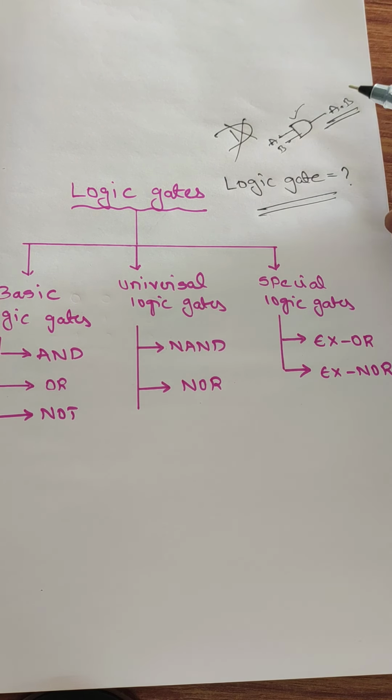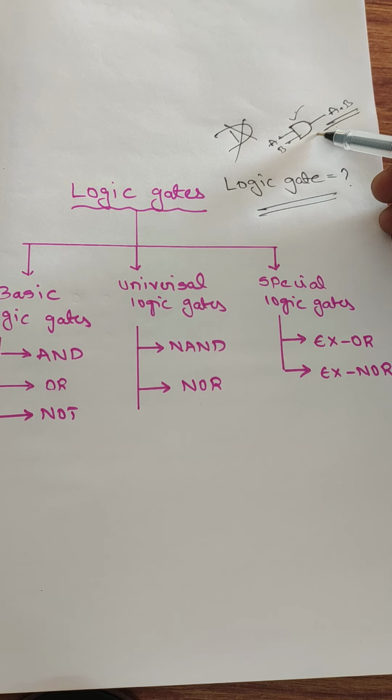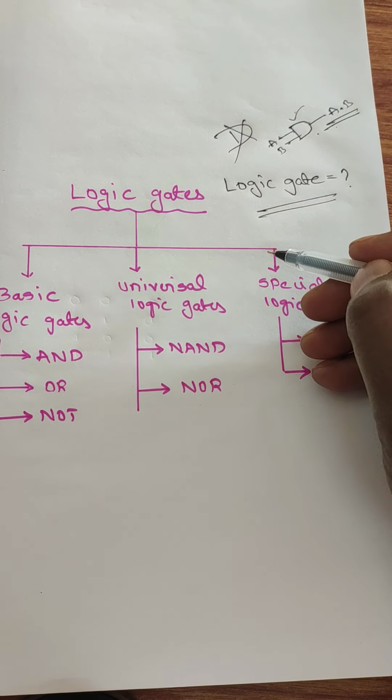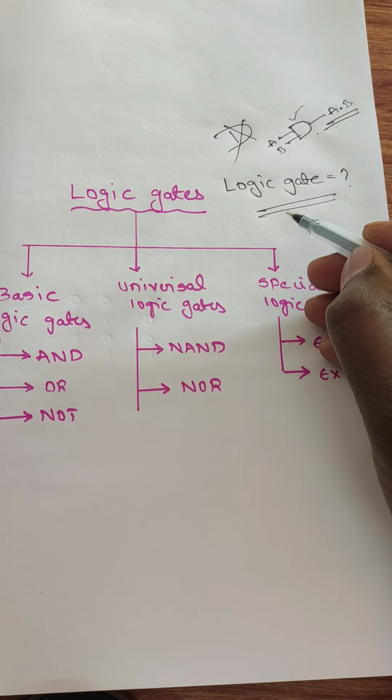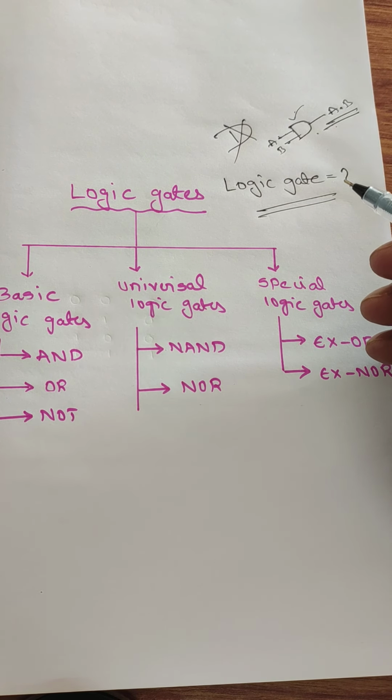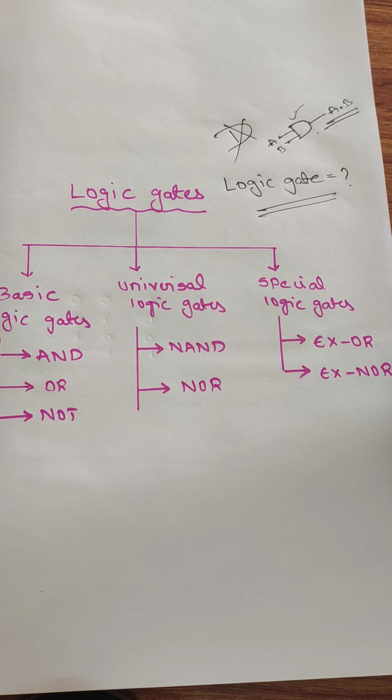These logic gates are the fundamental building blocks of digital systems. Since the logic gate is a switching circuit, its input and output can have only two possibilities.